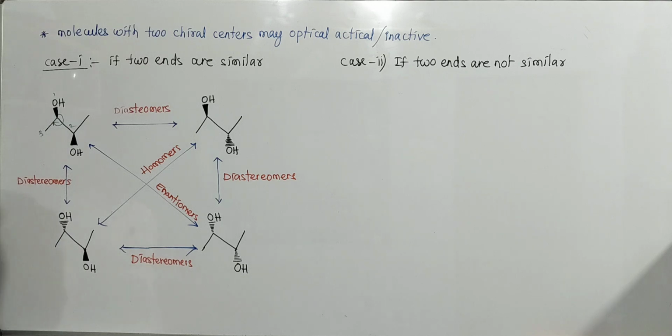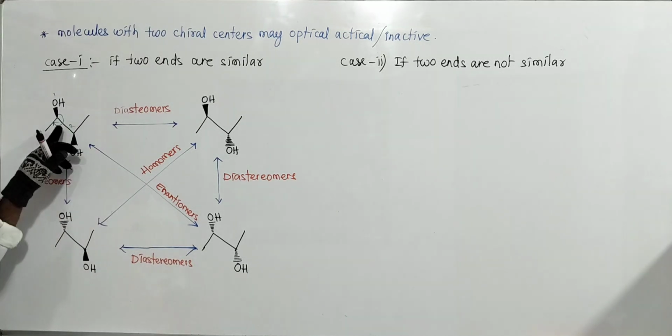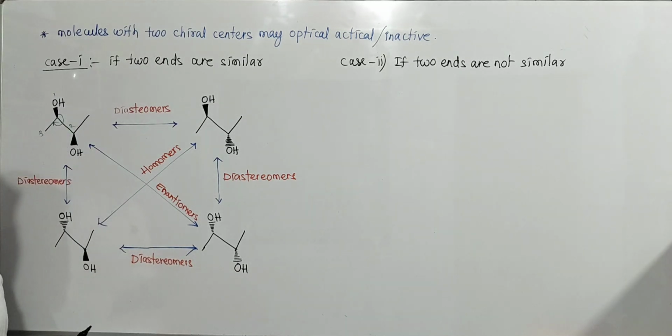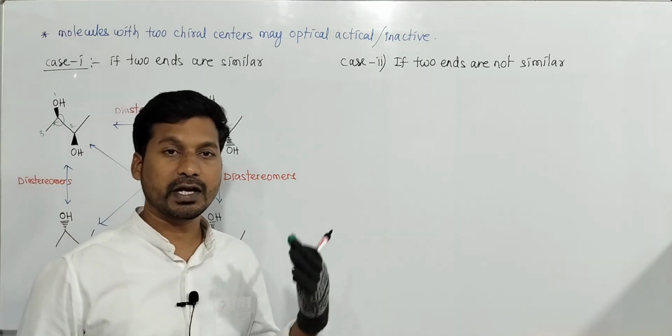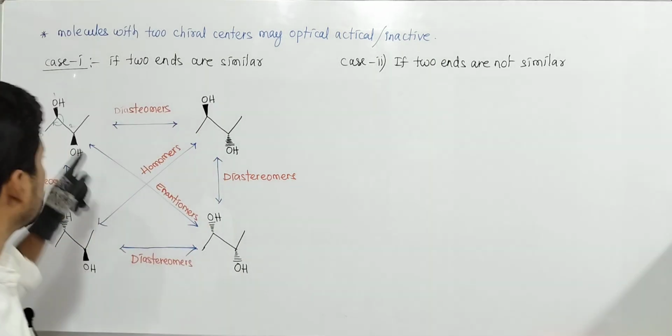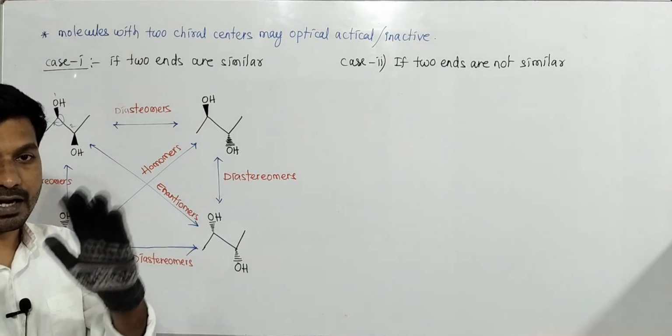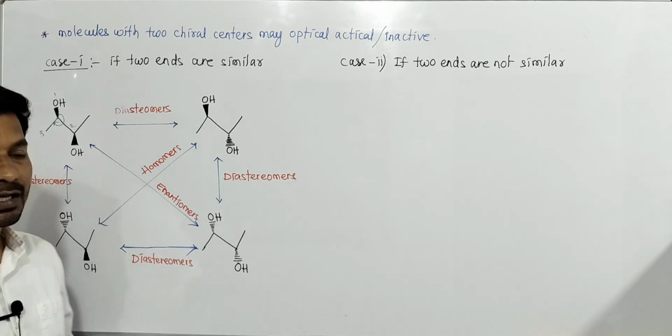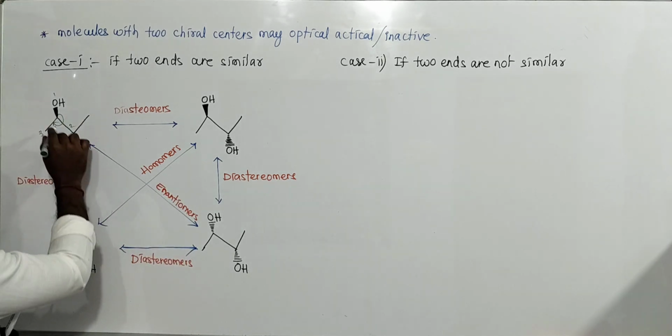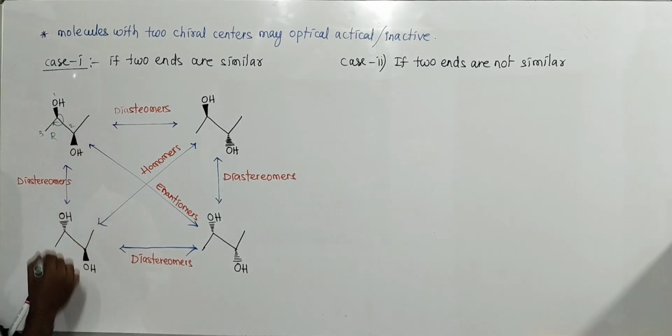Here hydrogen is not given, that is the fourth priority group; only 3 bonds are there, so the fourth bond is with hydrogen. If OH is given on a thick line, hydrogen must be on a dotted line. Fourth priority group on a dotted line, clockwise direction: R.